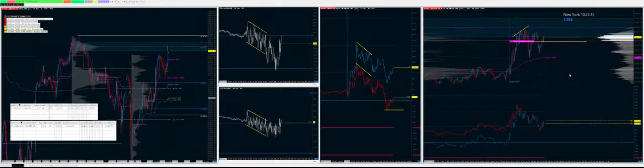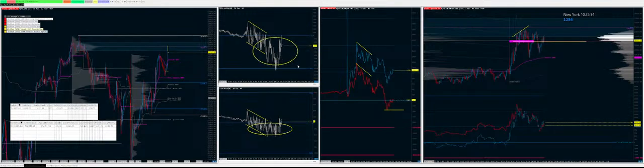Remember what I was telling you guys yesterday, that we've spent most of our time since the session open in the negative. Same thing with the Nasdaq tick, right? So since the open, there's been more selling on the equity side than there has been buying.